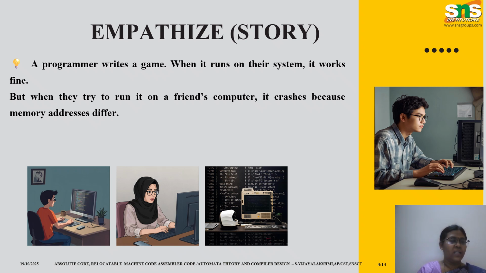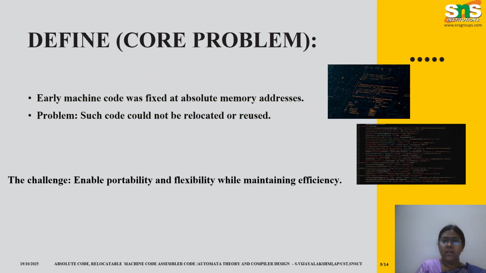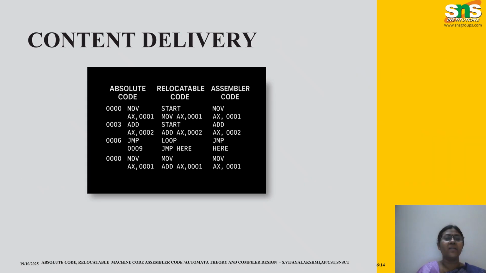Because their programs were written for fixed memory addresses. They were absolute codes. So the main problem was lack of portability and maintaining efficiency, and such code couldn't be relocated or reused.